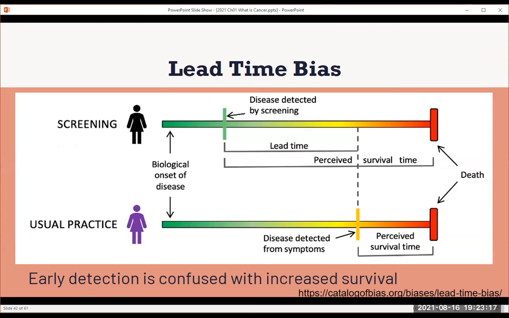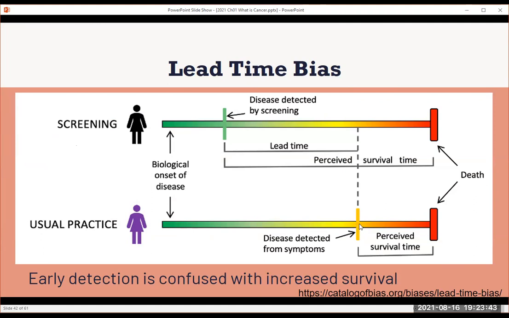It's shown here graphically, with the usual practice: a person has the onset of their disease but doesn't know it yet. Usually by the time the disease is detected based on symptoms, it's quite a bit later in the progression of the tumor.